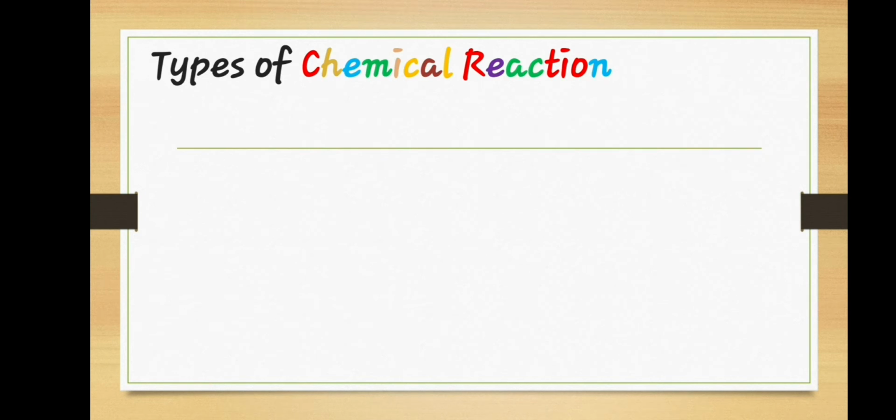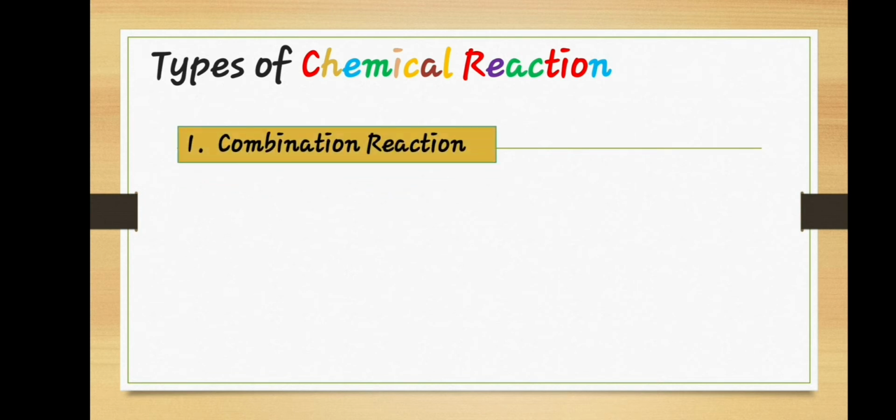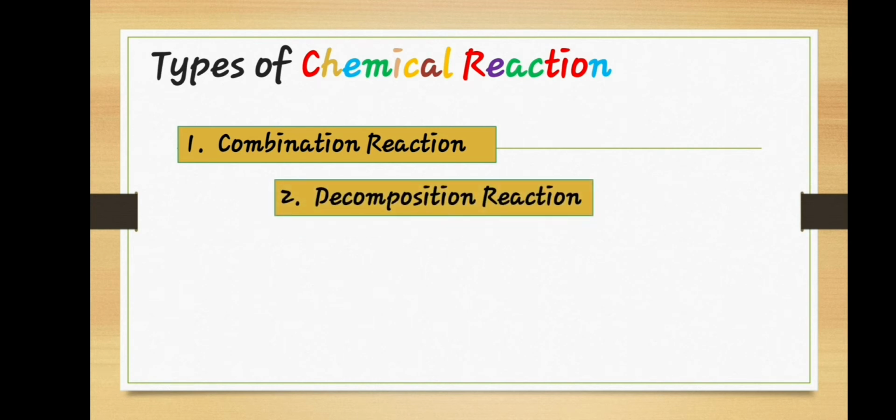So now let's proceed. As I've said, there are types of chemical reaction. Let's discuss them one by one. Let's discuss first what a combination reaction is. From the name itself, combination reaction, you are combining certain substances, right? Kasi from the word itself pa lang, combination. Okay? So we have decomposition reaction.